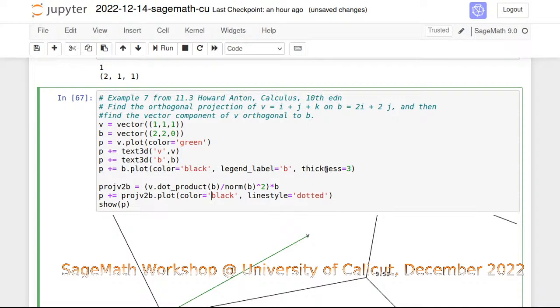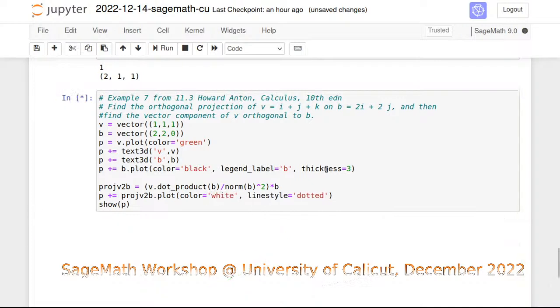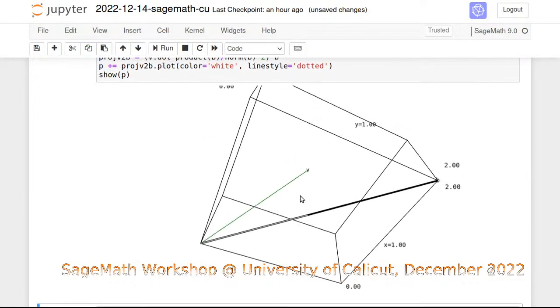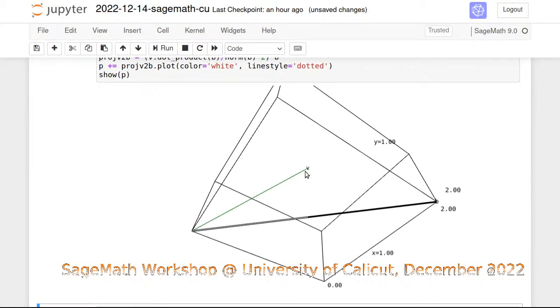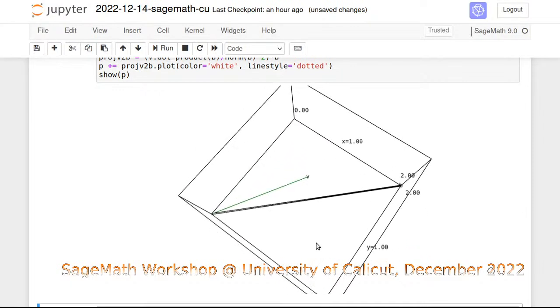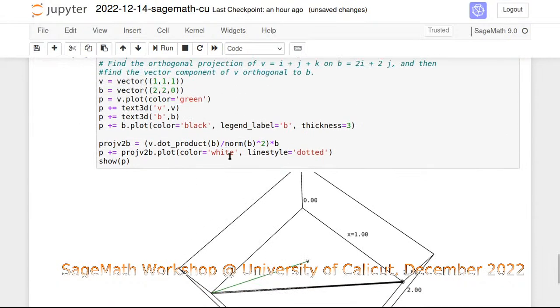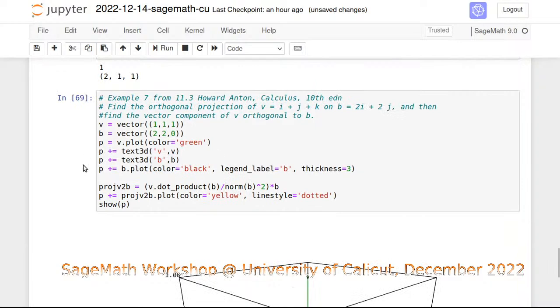Since we are projecting, let us take it to be white and dotted and see. Now it's again difficult. Some better color, not white. Yellow.